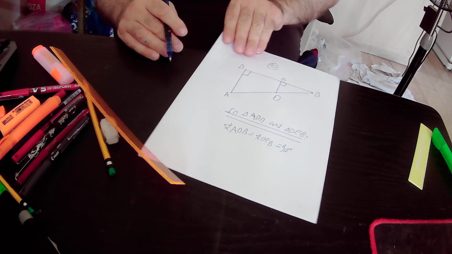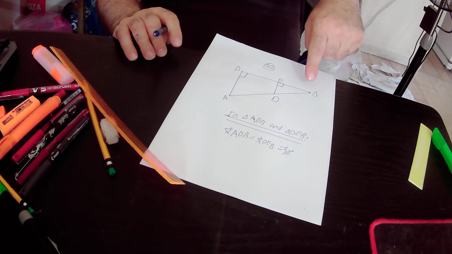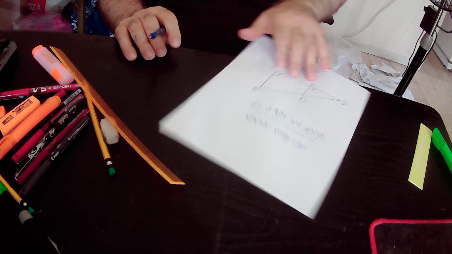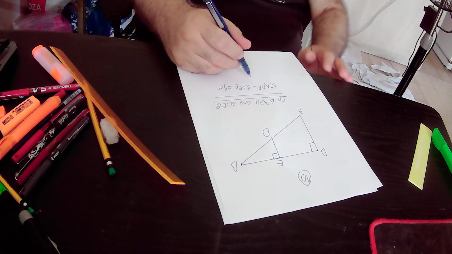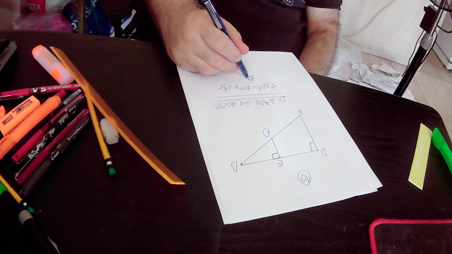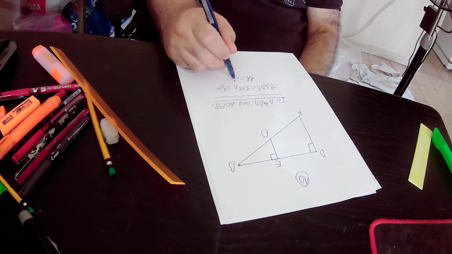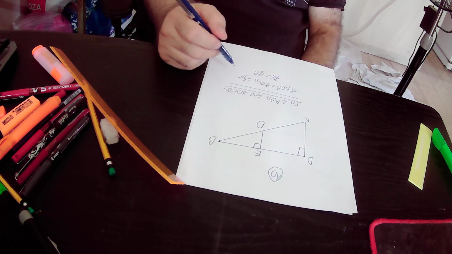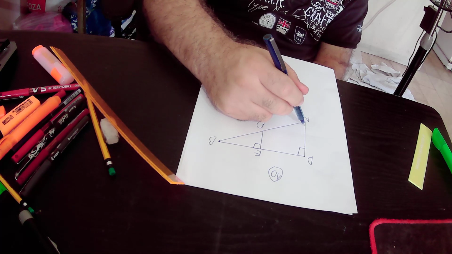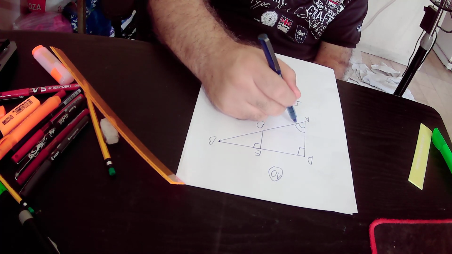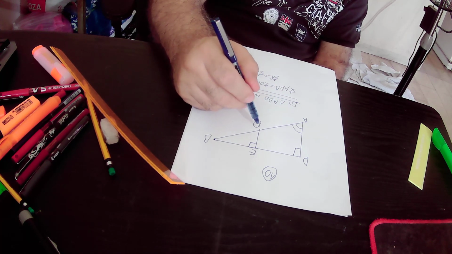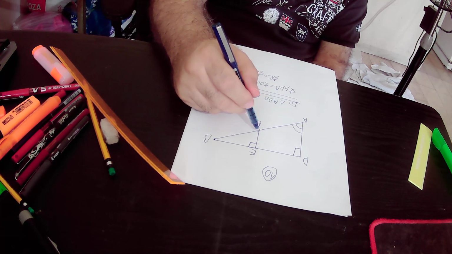We know also that angle B is a common angle, it belongs to both triangles, so angle B equals angle B. And the third angle, angle DAB, equals angle EOB.